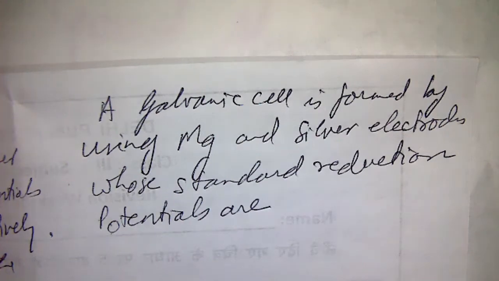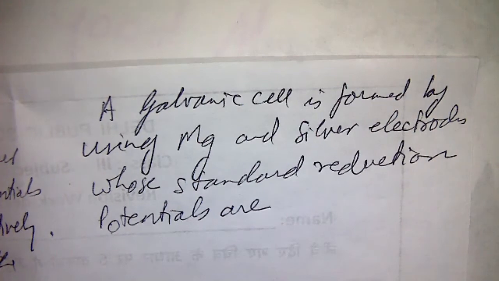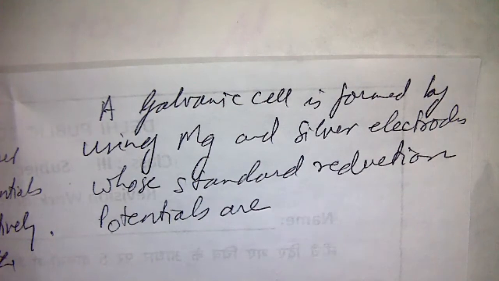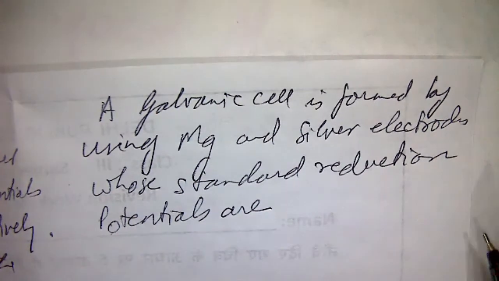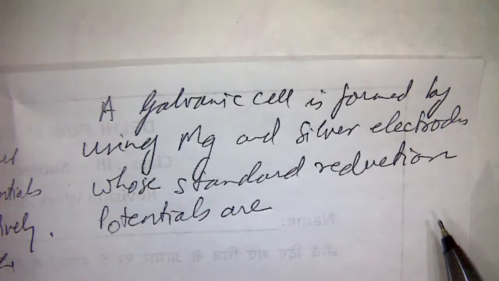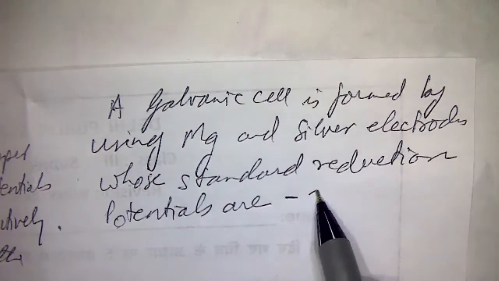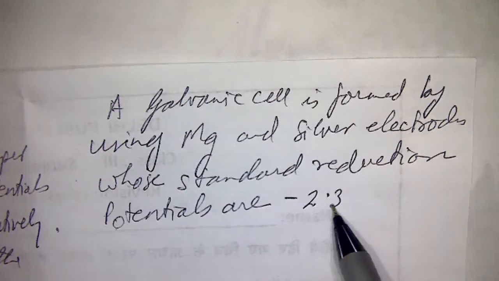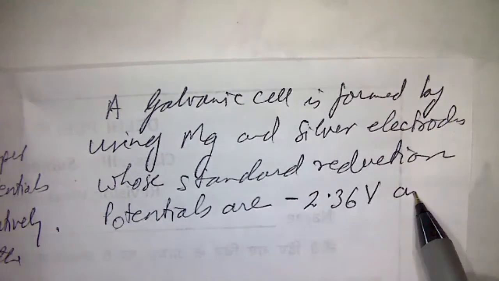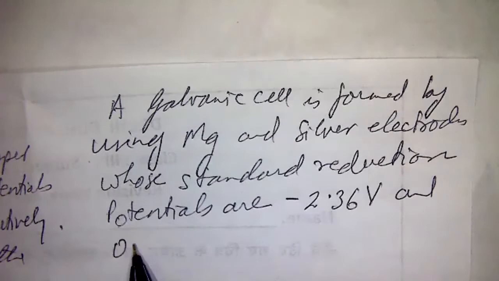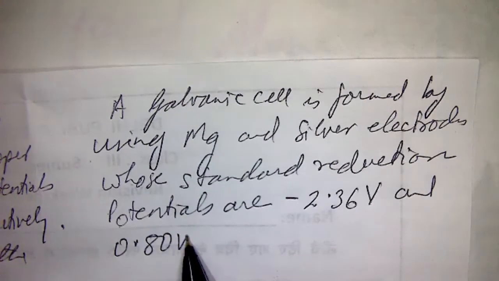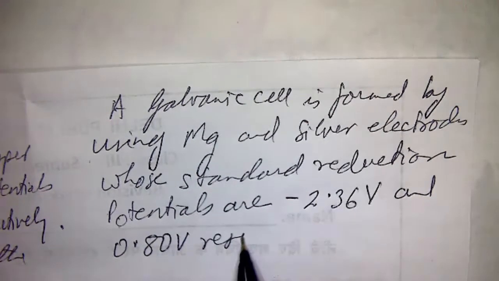It's not that you have to learn the electrochemical series, but we use it to find out the potentials. We'll see that also later on, but I'll just give you the values here. The potential of magnesium is minus 2.36 volt and silver is 0.80 volt respectively.